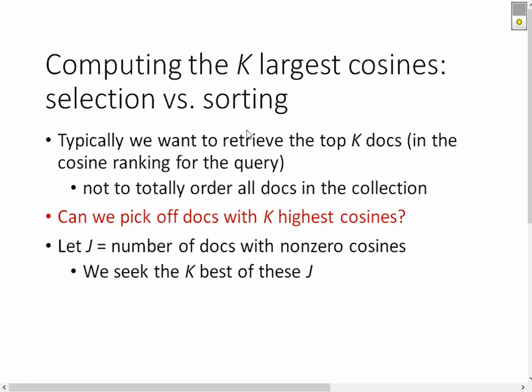Before we do, when we start doing this, there are basically two different ways that I can retrieve the top K documents from a cosine perspective. The first one is that I can take all of the terms that match, compute the cosines, and sort the results. So sorting is absolutely one thing that we can do.